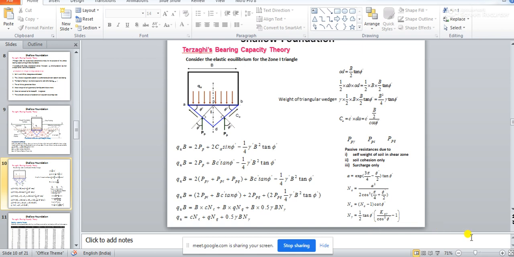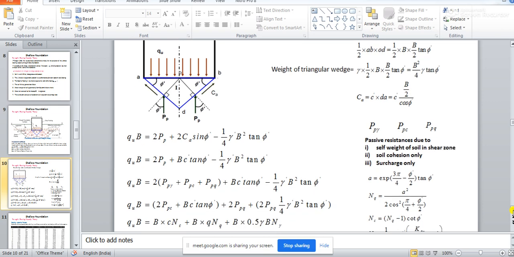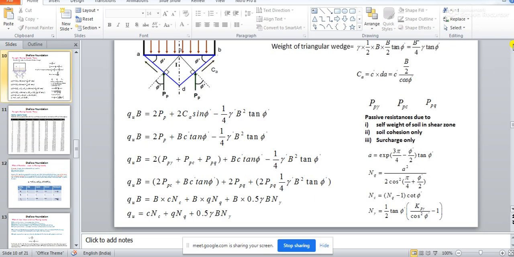Whatever forces are acting on the wedge connected to the footing, he has calculated the equilibrium of those forces, equated them in some equation, and then finally derived an equation which is called Terzaghi's bearing capacity equation.